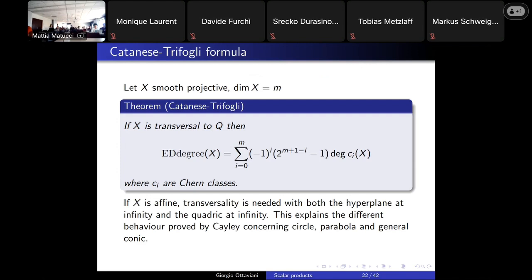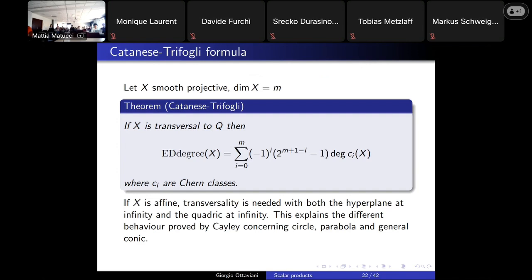And here we have a clear application: when the quadric changes, this number can be different. So ED degree depends on the metric you have. Is it even, I mean, a posteriori we know it has to be non-negative, but from this formula it is not clear.